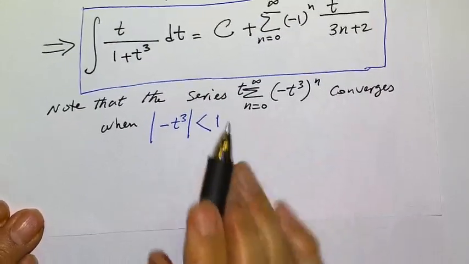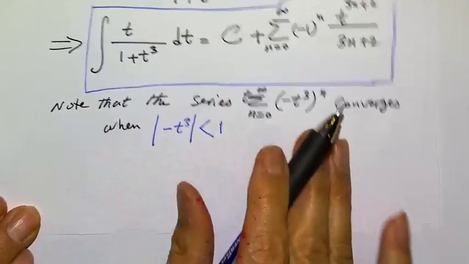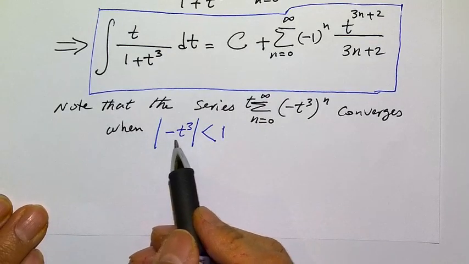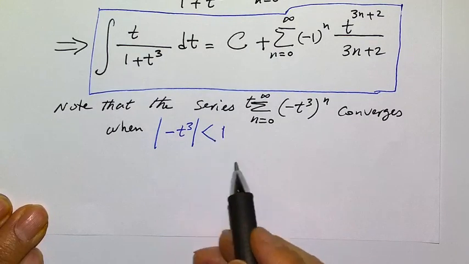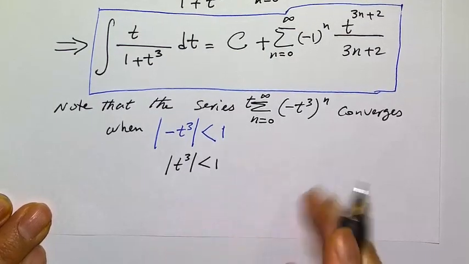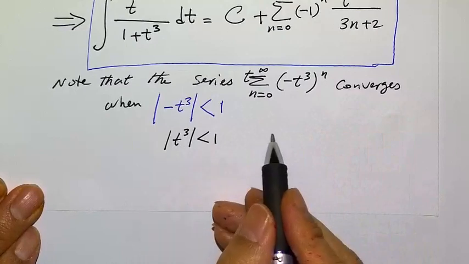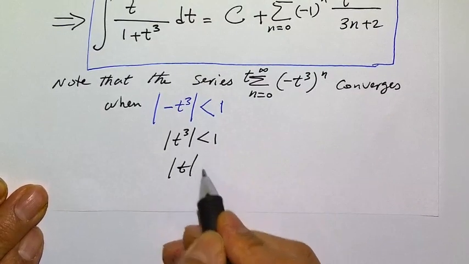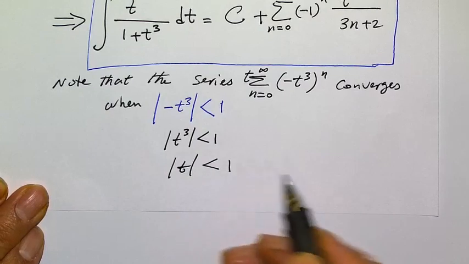Of course, if we take the absolute value, that gets rid of the minus, so the absolute value of t cubed is less than 1. And this is simply, take the third root of both sides. We still get the absolute value of t less than 1.